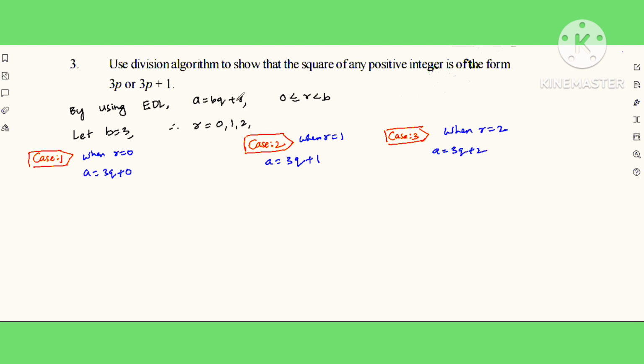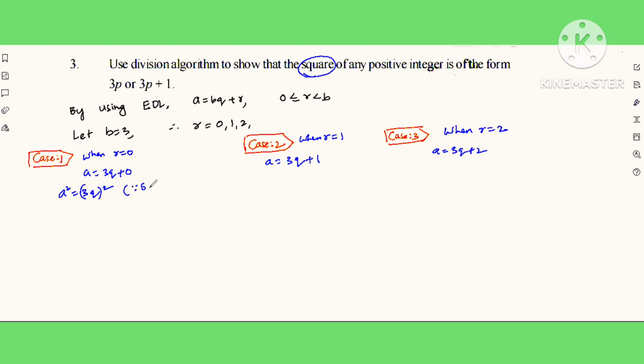Okay. Now, but here what to take? We have to take square. So squaring on both sides. So you have to square on both sides. a square equal to 3q plus 0, means 3q only. So 3q whole square, I'm writing here.